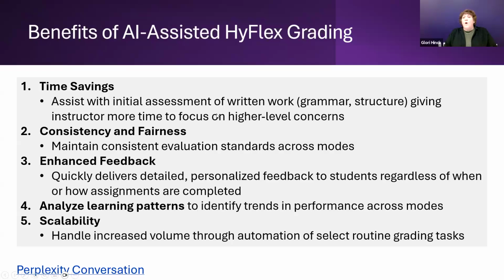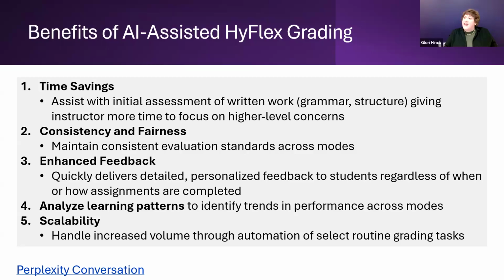One way that AI-assisted grading can help is with an initial assessment of written work, for example, sentence structure and grammar, and then give you as the instructor more time to focus on high-level concerns. Consistency and fairness: perhaps AI-assisted grading can help you maintain more consistent evaluation standards across your modes.